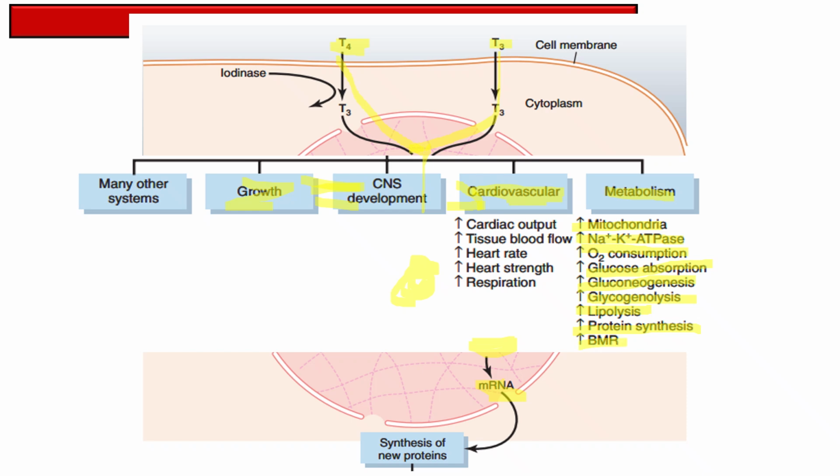All these effects also cause an increase in the basal metabolic rate. So there is also a broad spectrum systemic impact, not only on a specific tissue; almost all body tissues are affected.